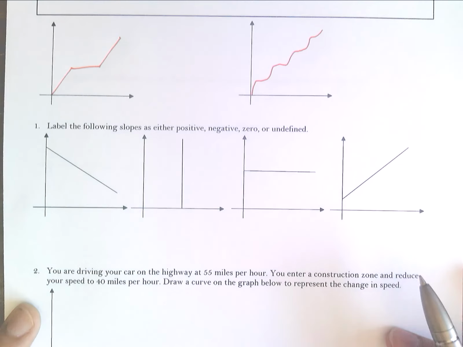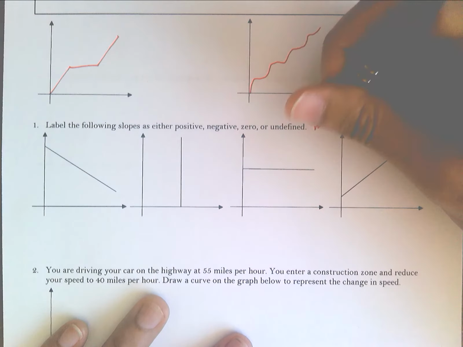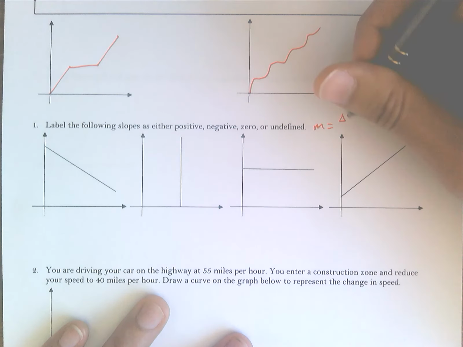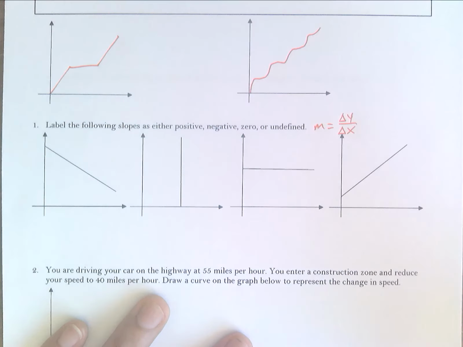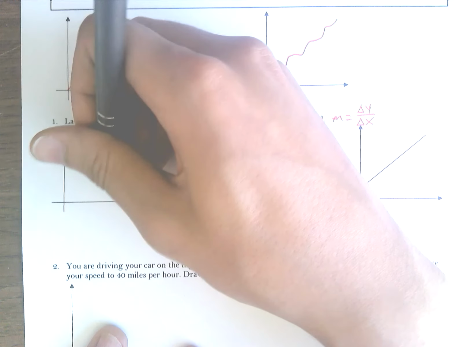I want to talk about also positive, negative, and zero and undefined slopes. So remember, the definition for a slope is a change in y over change in x. So taking a look at this first example, if I were to just choose any 2 points on this graph, I could choose this one here and choose this one here.